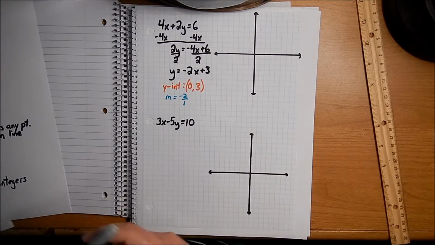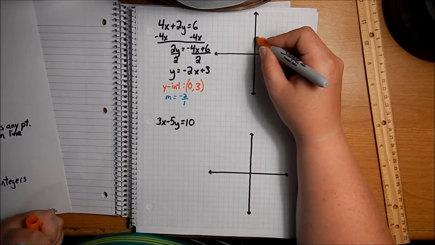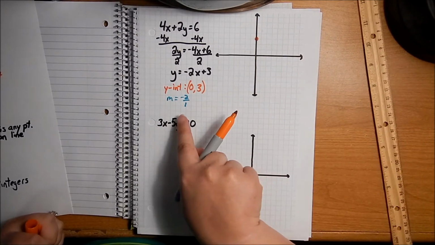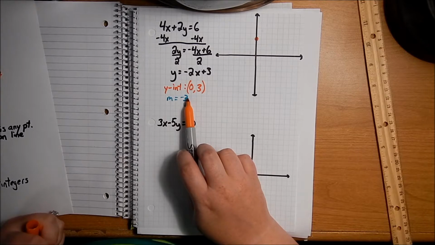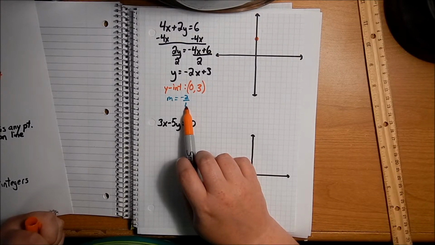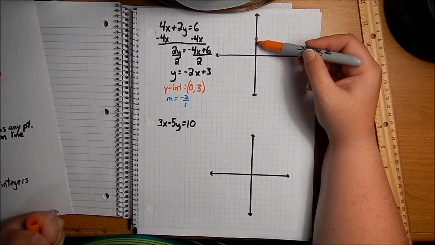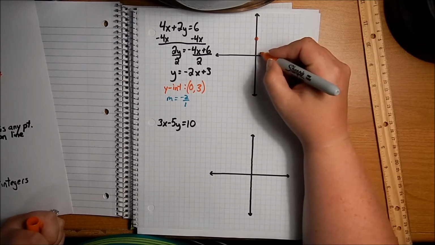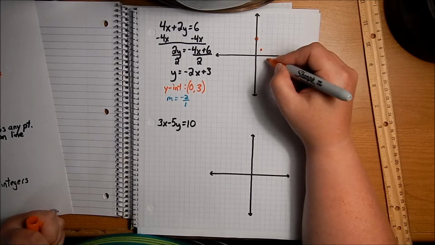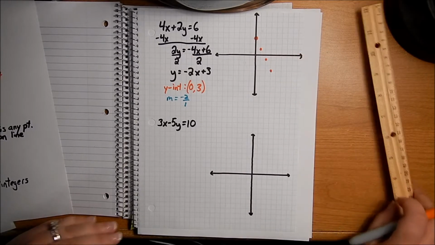So, when I go to graph, I'll start at my y-intercept, (0, 3), right here, and follow my slope. What does a negative 2 in the numerator tell me to do? Down 2 units, and then a 1 in the denominator means to the right 1 unit. So from my starting point, I go down 2 units, to the right 1. Down 2, right 1. Down 2, right 1. Connect the dots.